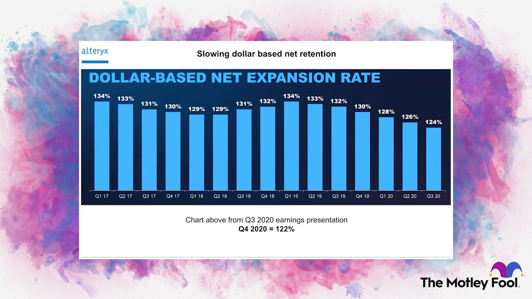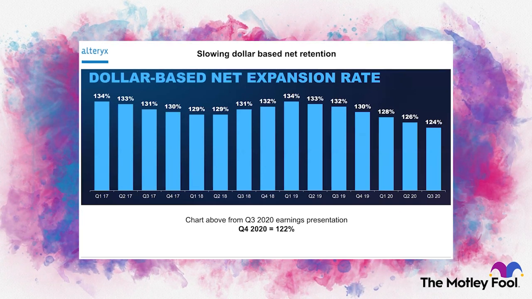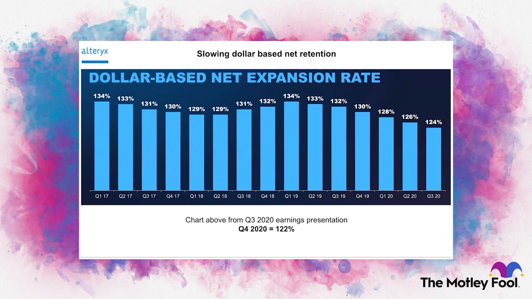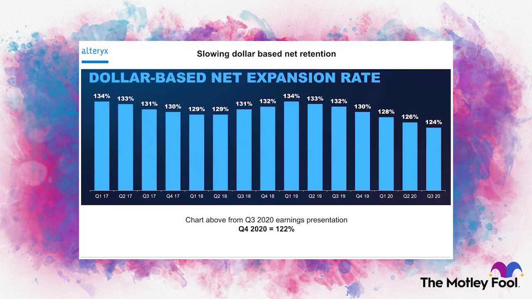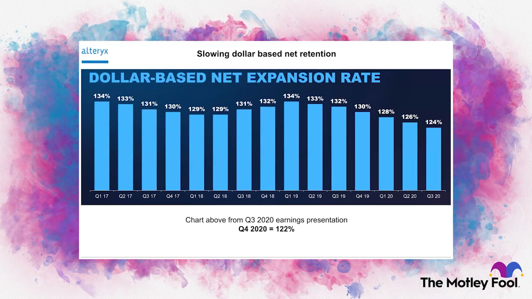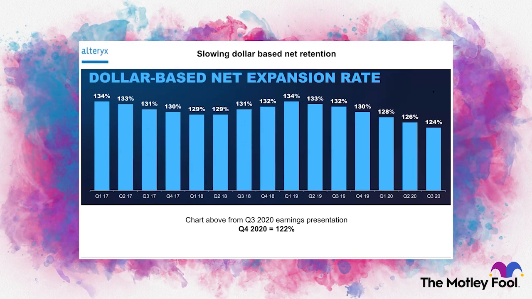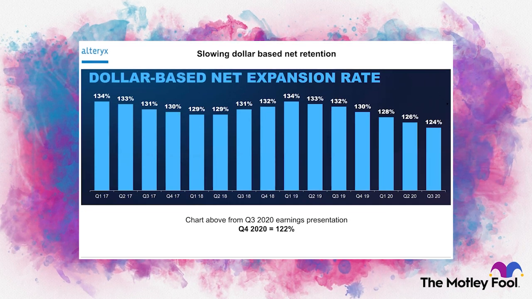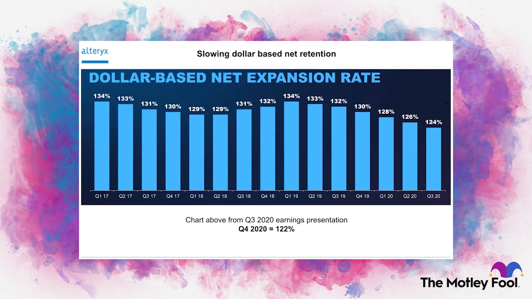Yeah. Well, and what is interesting too is that if it falls 2%, what we can deduce is that whatever that dollar-based net expansion rate was for Q4 of 2020, it was about 8 percentage points lower than it was in Q4 of 2019. I could get into the mathematics of all that, but basically the bottom line is we know Q1, Q2, and Q3 of 2020, they're all the same.